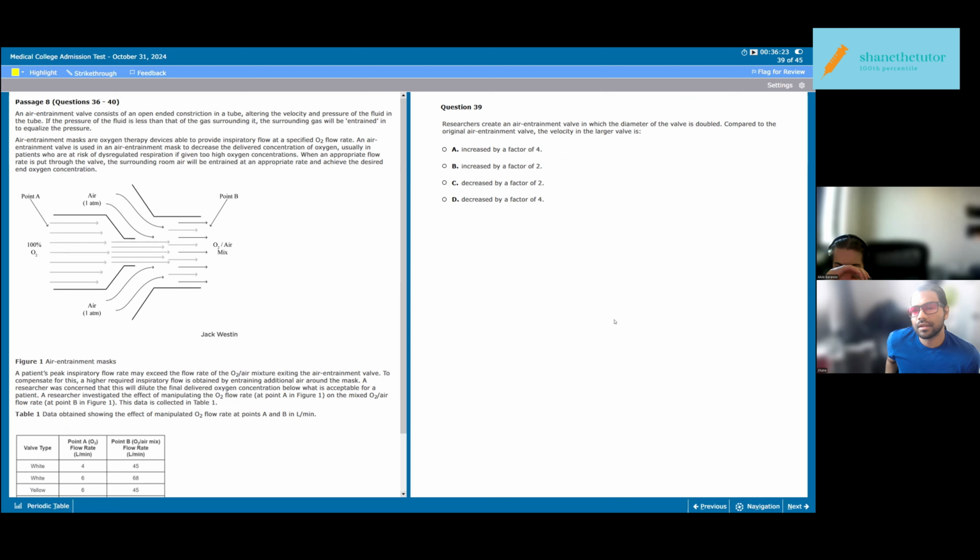When we're finding an area, in this case of a circle, if you double the diameter, what effect would that have on the area? Usually I use radius. If you double the diameter, you double the radius, area is going to be two squared, so it's going to be quadrupled.